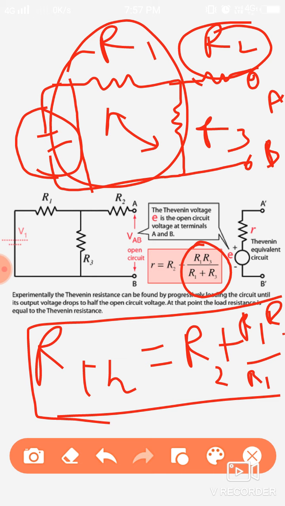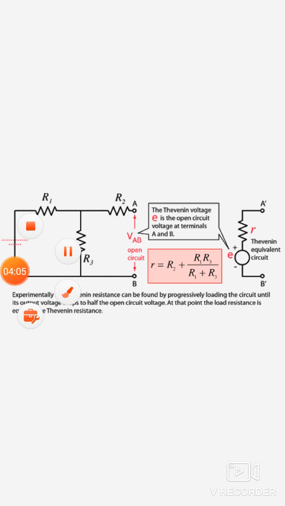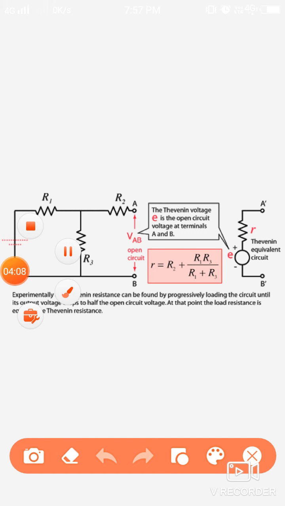On the other hand, the power supply is a linear combination between this point A and B, just like this. I will draw it again.